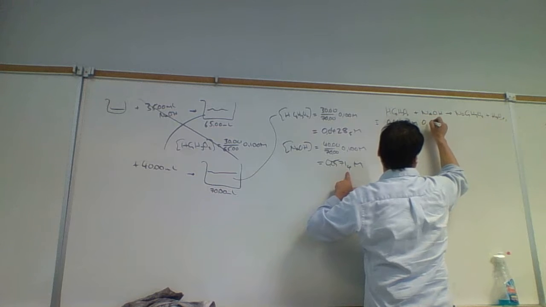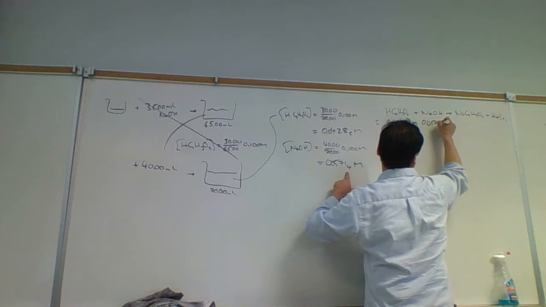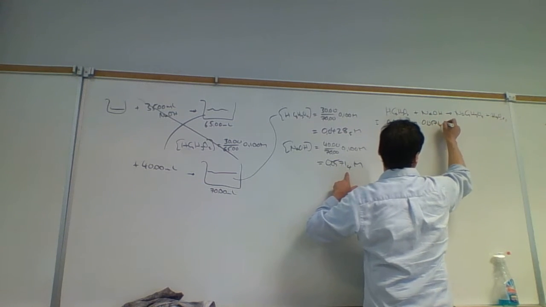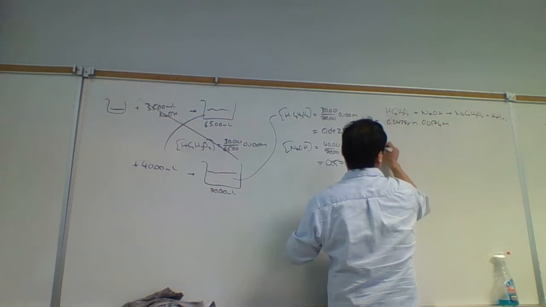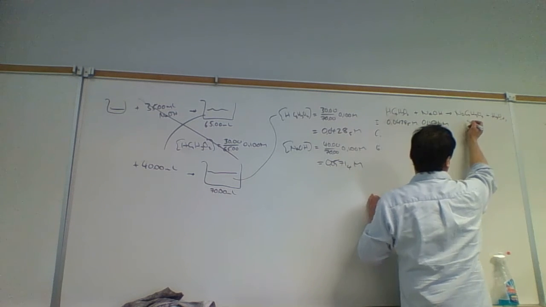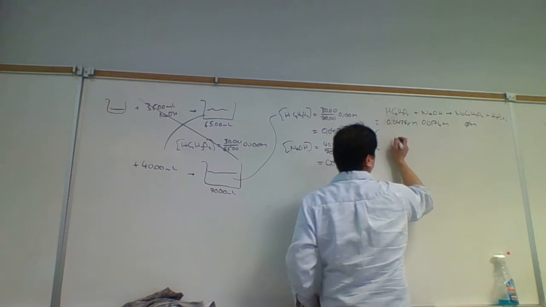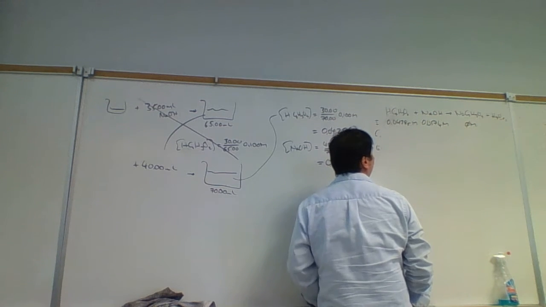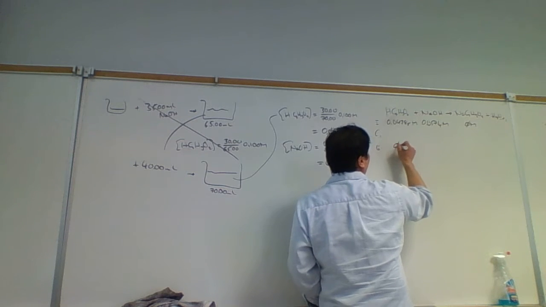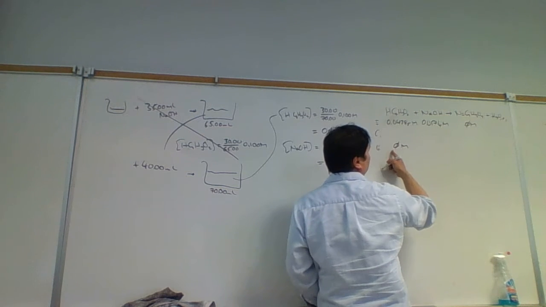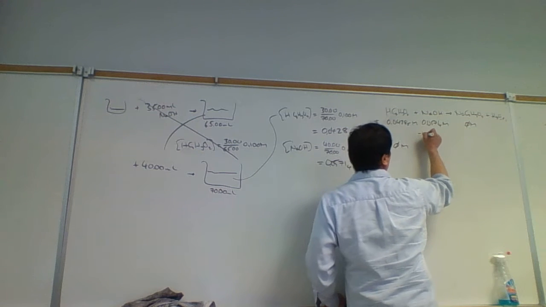We're going to have some base left over, some sodium hydroxide left over. And so the acid's the limiting reagent, so that goes to 0 here. And so we're going to lose all of it.